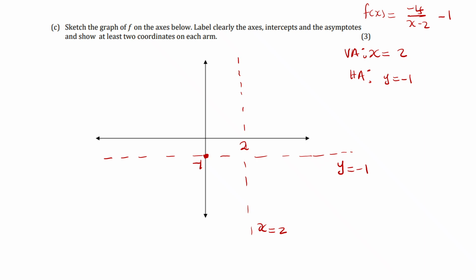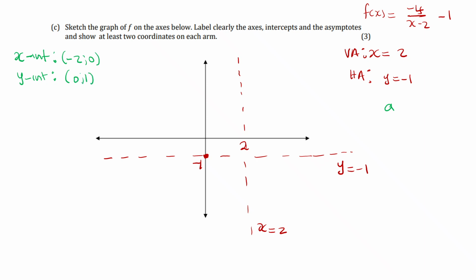Okay, so let's talk about the shape of the graph. Before we talk about the shape, let's plot our x and y intercepts. Remember, we got our x-intercept to be minus 2 and the corresponding y value to be 0, and the y-intercept was just (0; 1).